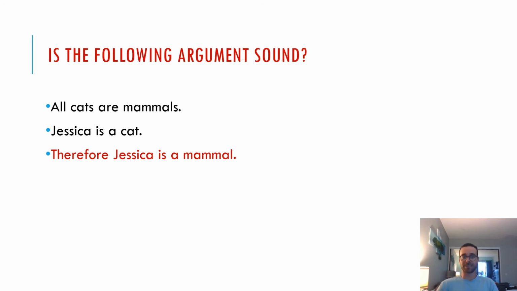Accepting the premises requires you to accept the conclusion. So here we have a good, valid, and sound argument. Notice how, if I accept the premises, I cannot deny the conclusion. Assuming all cats are mammals, and assuming it's true that Jessica is in fact a cat, because I know that Jessica is a cat here, I must then accept that Jessica is a mammal.